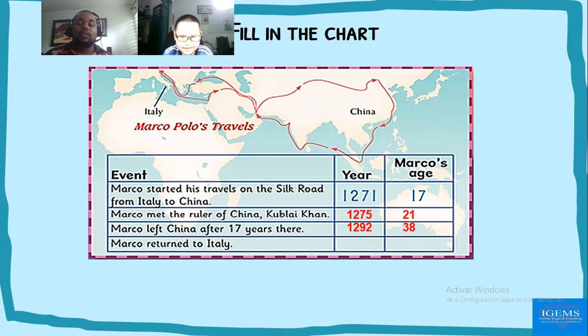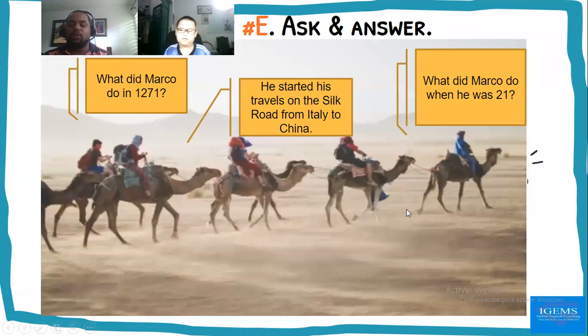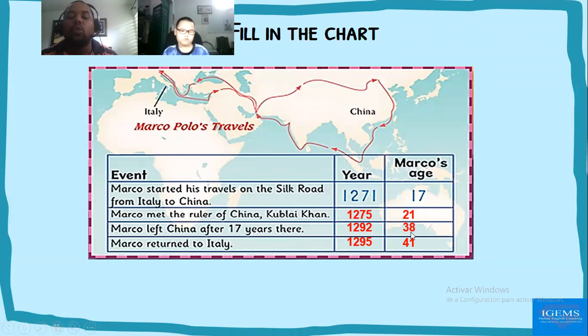Look, let me show you. Marco Polo met the ruler of China, Kublai Khan, when he was 21 years old. After that, Marco Polo left China. He was not anymore in China, and it was in 1292.